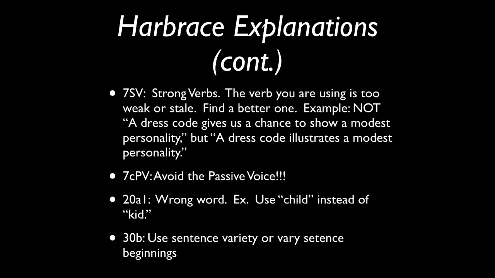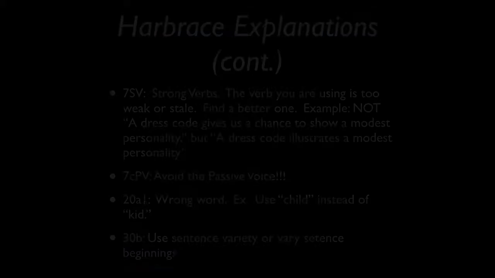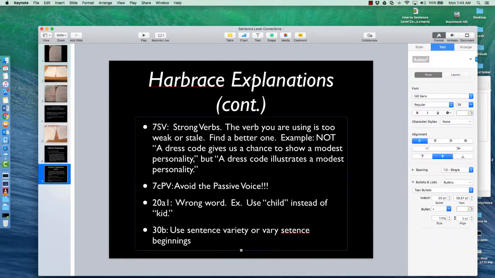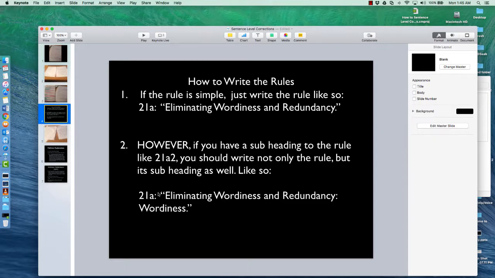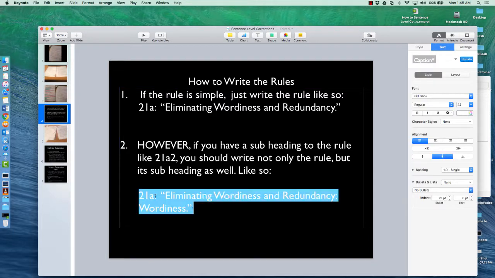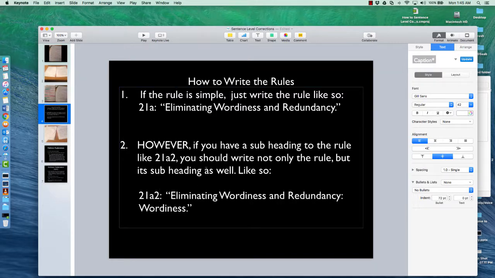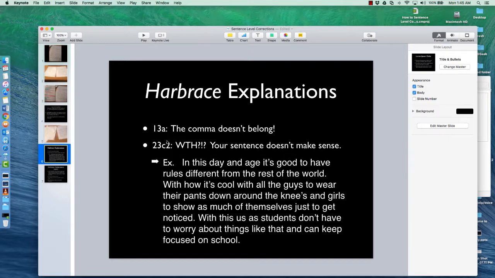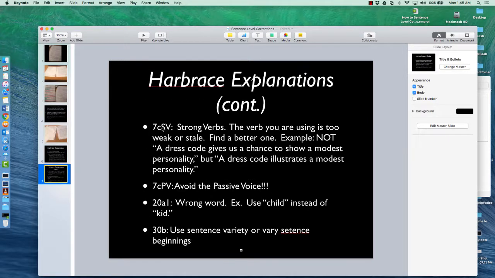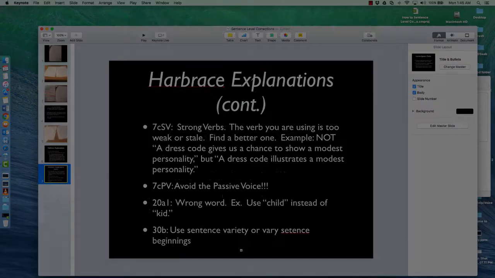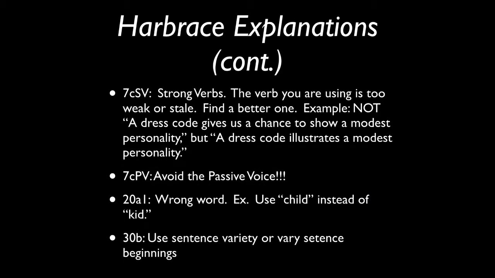7, it should be CSV. Well, we can change that right now. Why don't we do that? 7 CSV. And if I'm being very serious, I can change something else I noticed as well. 21A2. 7 CSV. What this means, ta-da, see? Perfect. It means that the chapter talks about passive voice.